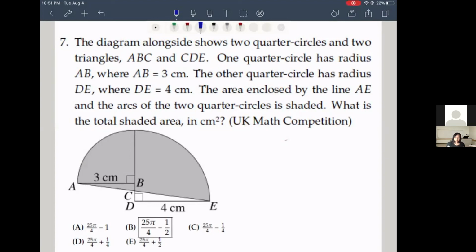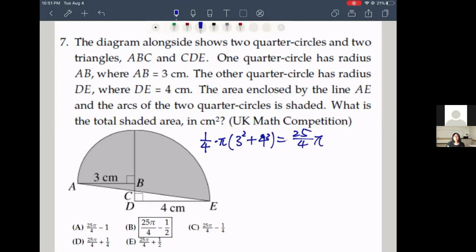We see that we can compute the 2 quarters easily. So the first of the 2 quarters is 1 out of 4, because each of them is a quarter, times pi, times 3 squared plus 4 squared, right? Which is 25 over 4 times pi.